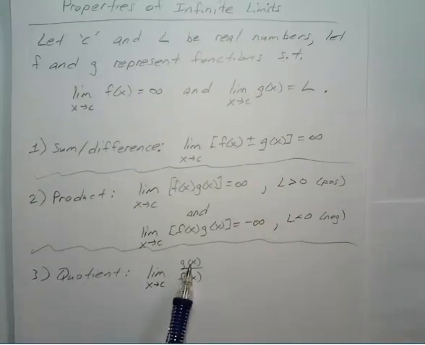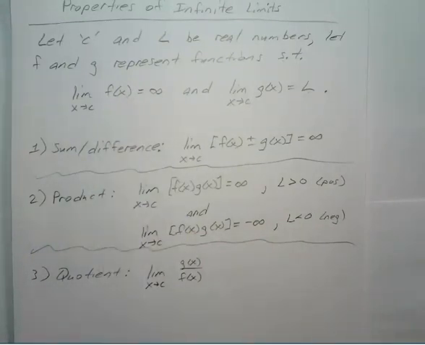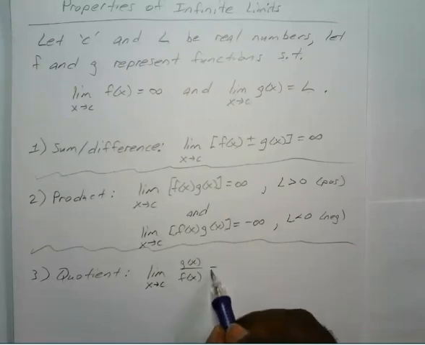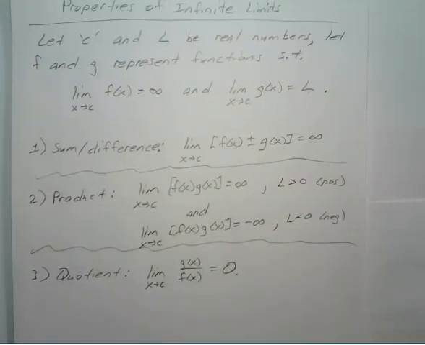You have g of x, which is your actual numerical limit, over infinity, or a limit of infinity, then that is actually going to equal 0. You're probably wondering why.